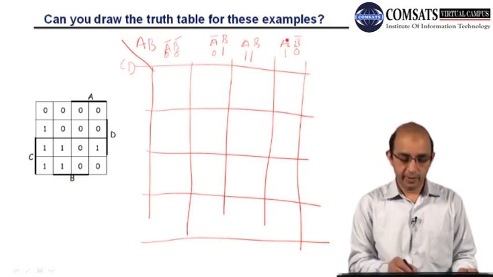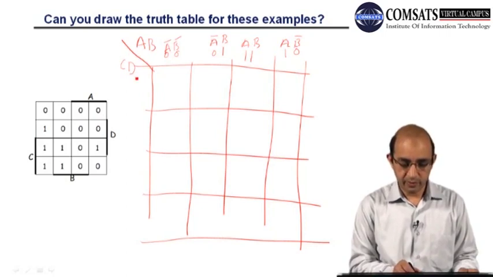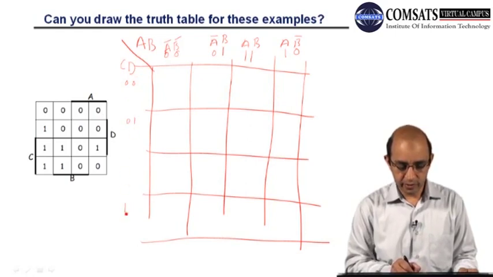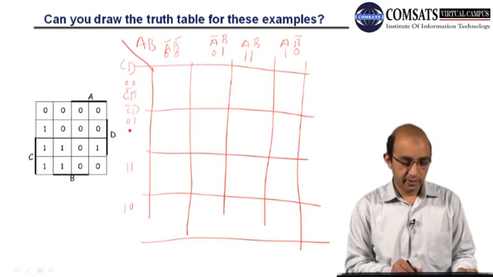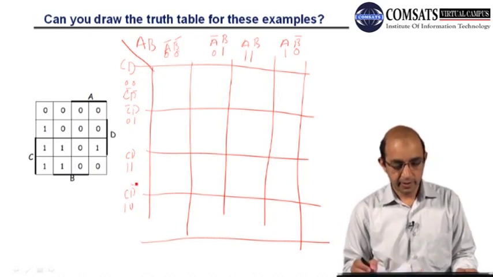Again when I move, 0, 0, 0, 1, and then 1, 0, and then 1, 1. So we have C bar, D bar, C bar, D, and then we have C, D, and C, D bar.